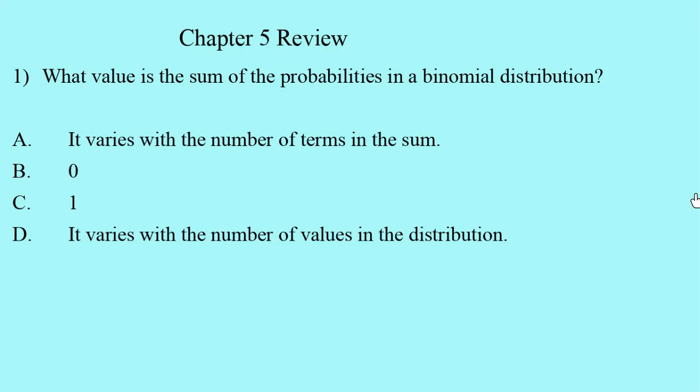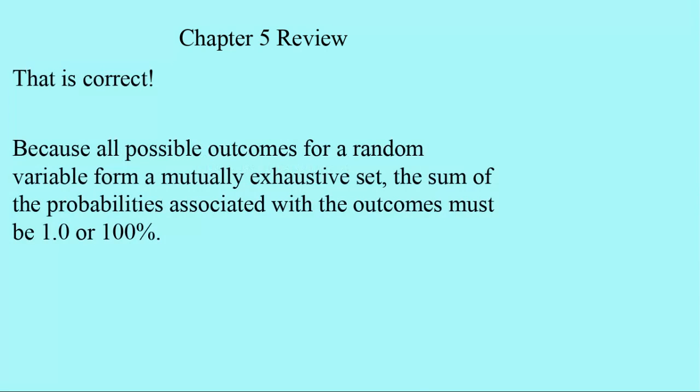Tony? Exactly. They should always be 100% or 1. Very good. Because all possible outcomes for a random variable form a mutually exclusive set, the sum of the probabilities associated with the outcomes must be 1 or 100%. Very good.